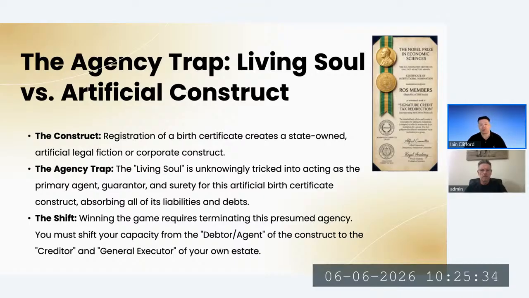The real is providing the agency, it underwrites the liability, but crucially, and of crucial importance to this webinar, the living souls transfer their energy onto this artificial construct, Monopoly game of commerce. They do that through the birth certificate construct, because the birth certificate construct is a banker.